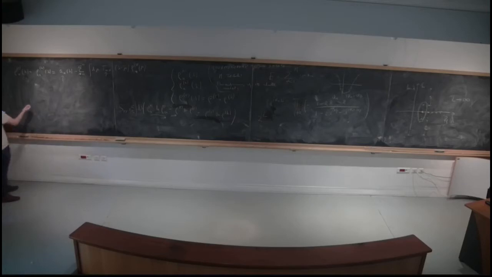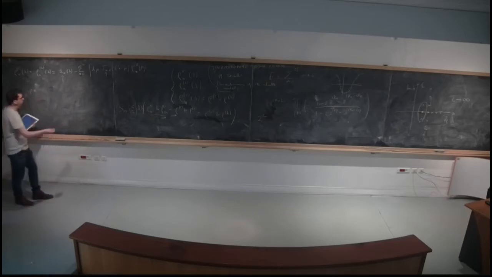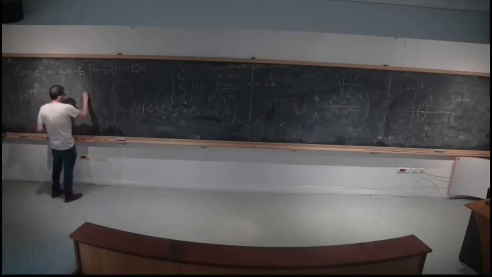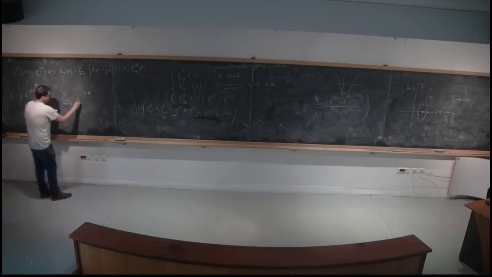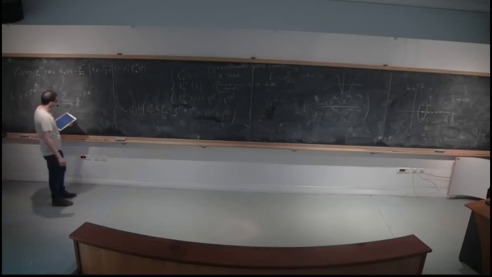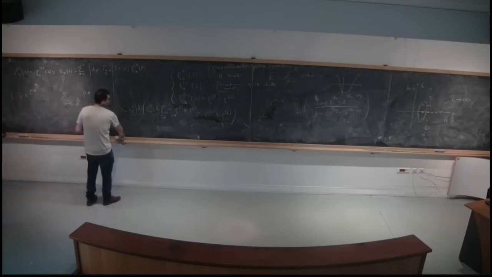Let's say you want to work with the Gibbs ensemble, 1 over Z. To construct the Gibbs ensemble, you need a sum over eigenstates, and then e to the minus beta H. Let's forget for a moment about the normalization. Now let's go to the thermodynamic limit.